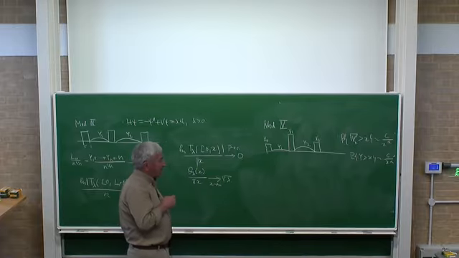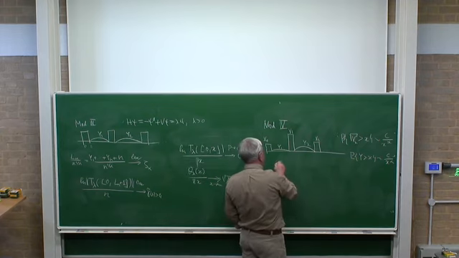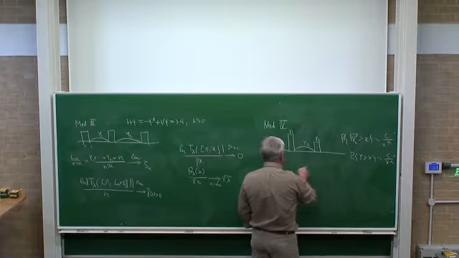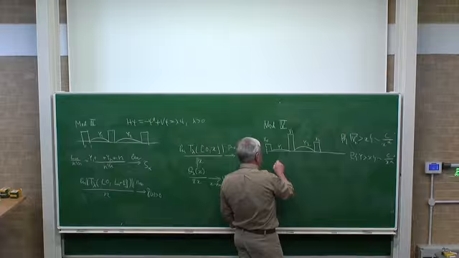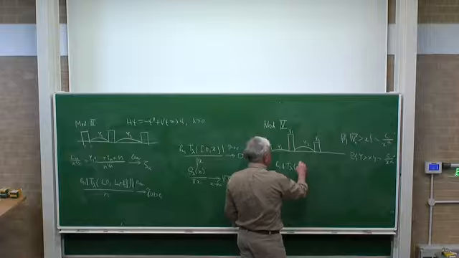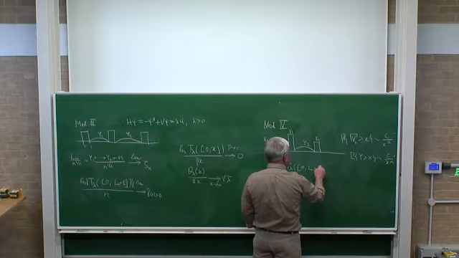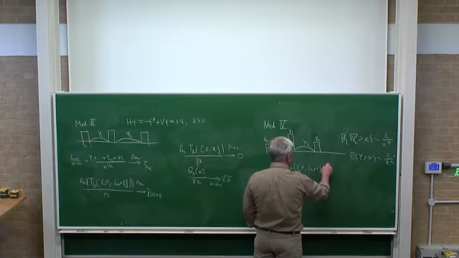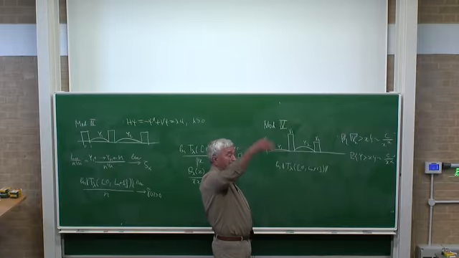What will be the monodromy operator at the point Ln? Let's consider the logarithm of the norm of T lambda from 0 to Ln plus 1. It means that I consider n bumps, but the bumps now are very high.